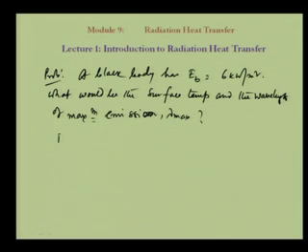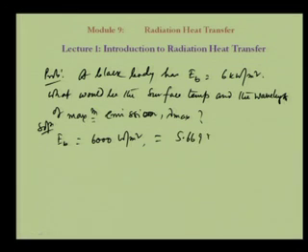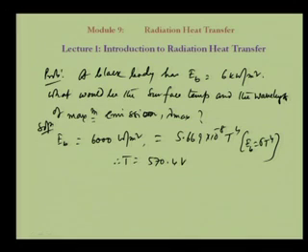The answer is that EB equals 6000 watt per meter square, and that should be equal to 5.669 into 10 to the power minus 8 T to the power 4, the Stefan-Boltzmann law. We know that EB is equal to sigma T to the power 4. Then we get T equal to 570.4 Kelvin.